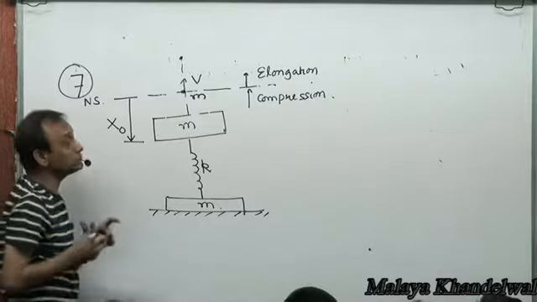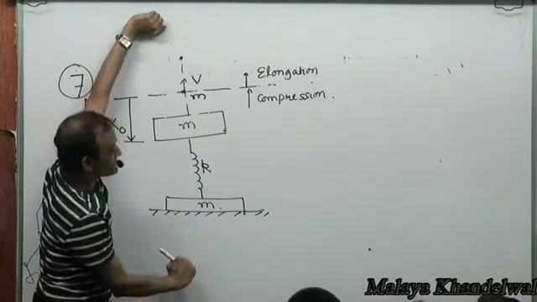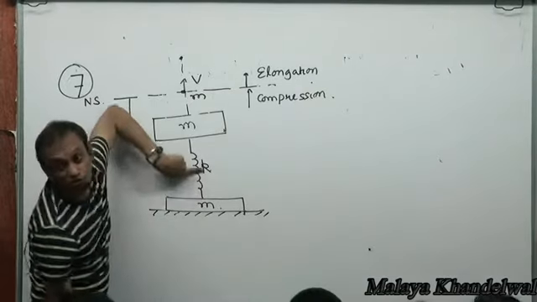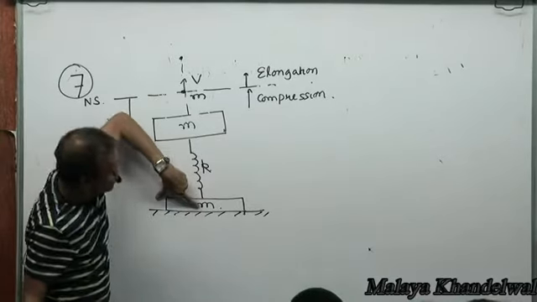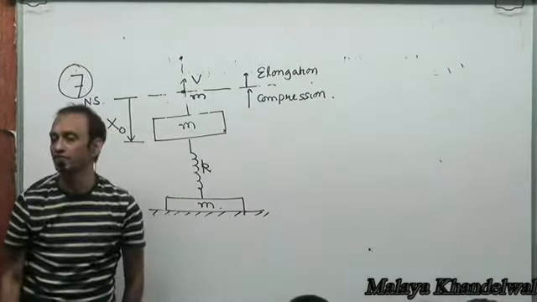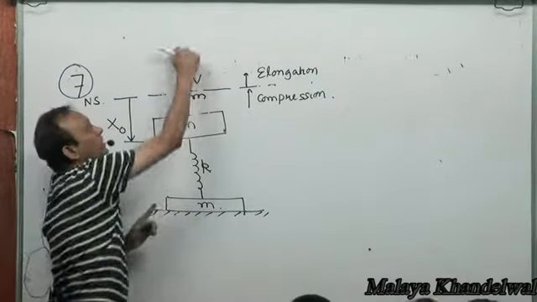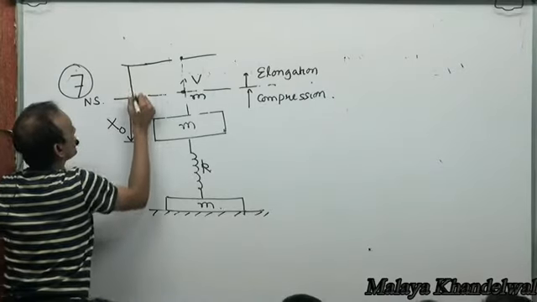Clear? Now, once the spring gets elongated, the spring will exert an upward force on M, and if the spring force becomes just about equal to mg, then small m is on the verge of losing contact with the ground.